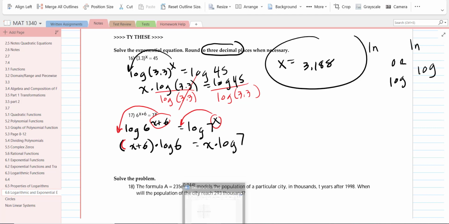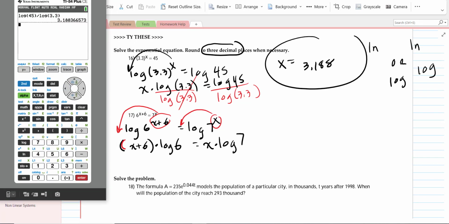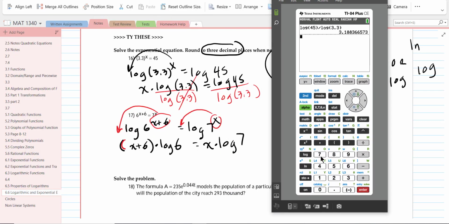Now, what I would suggest is, you could certainly divide by a logarithm, but I think you would probably do the problem better if you just went through and did on your calculator the log of 6 and changed it to 3 decimals.